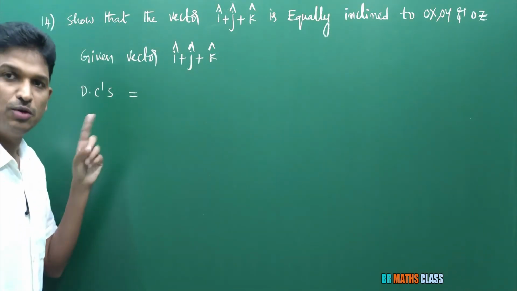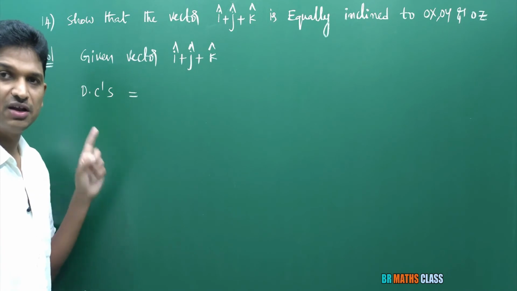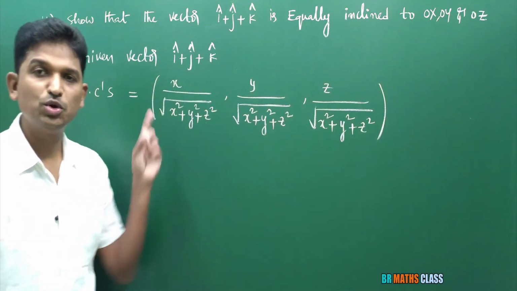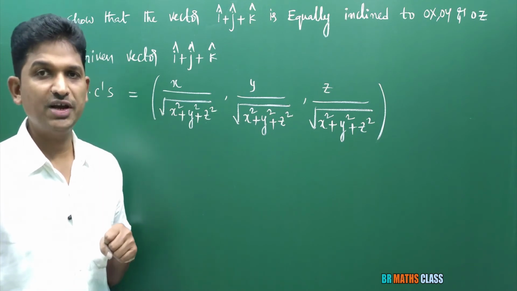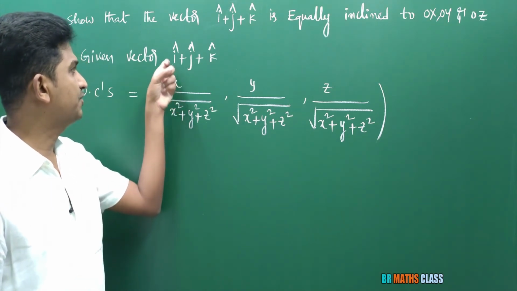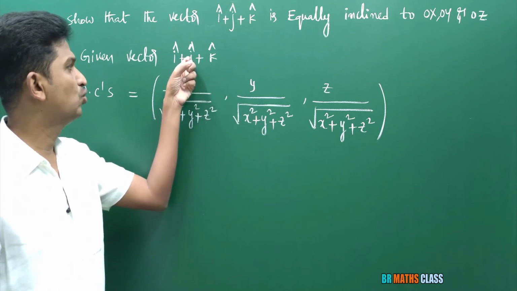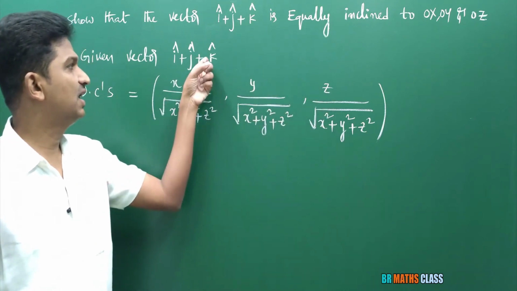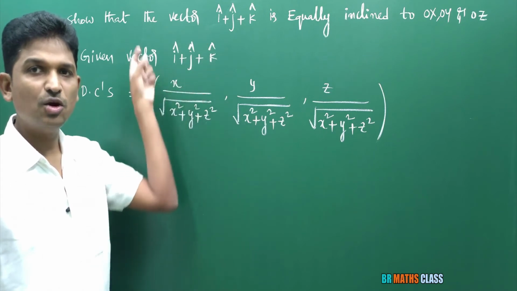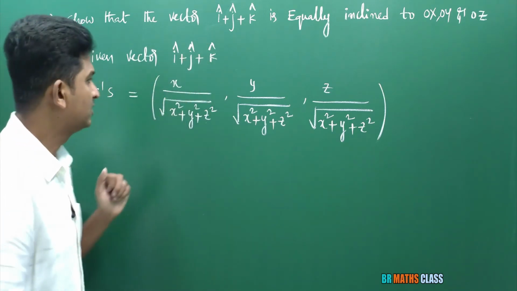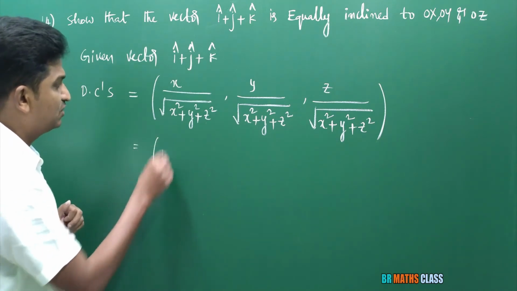We know the formula for direction cosines of a vector. Here in place of x I'll write 1, in place of y I'll write 1, in place of z I'll write 1, because the scalar components of this vector are 1, 1, 1. So substitute these x, y, z values in this formula.